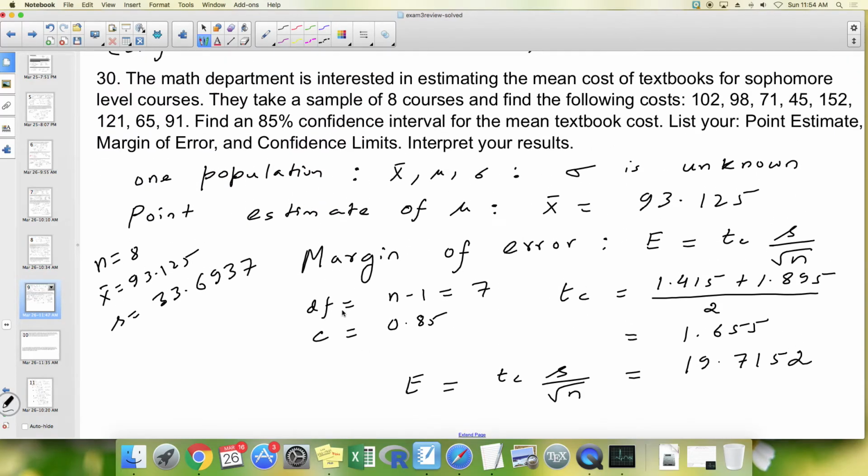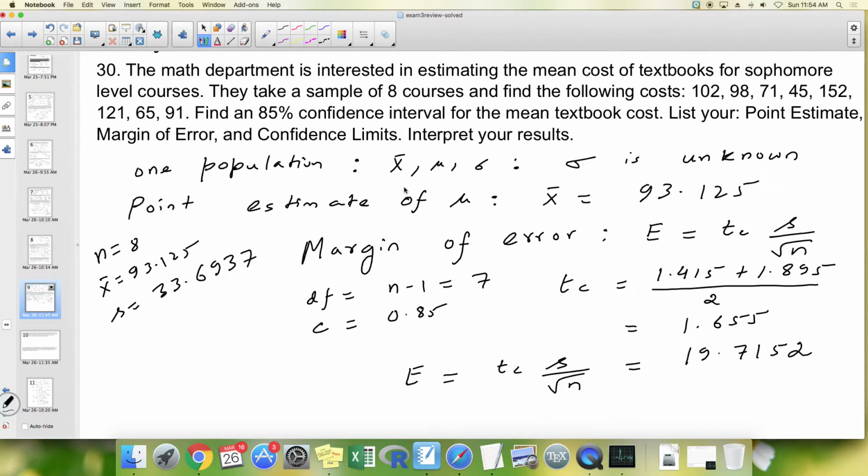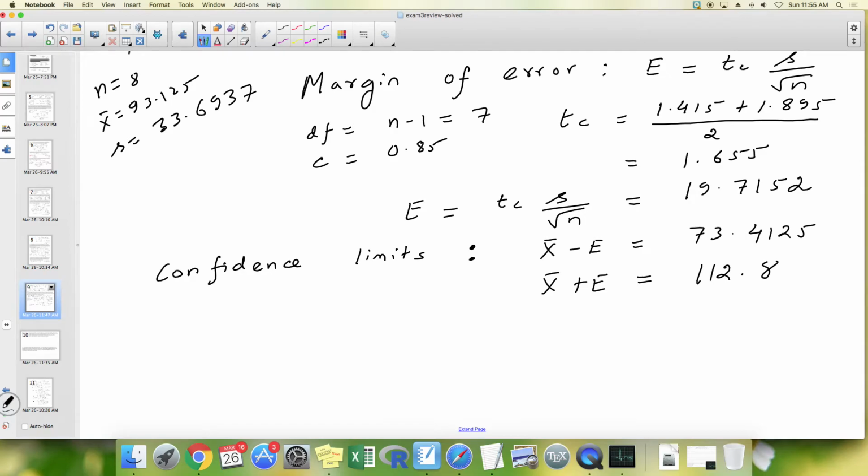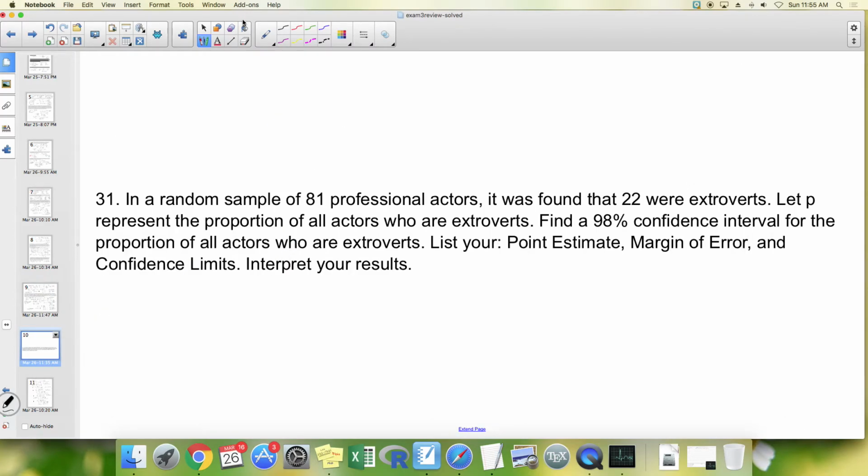The next question is to find the confidence limits, and those are x bar minus E equals 73.4125, comma, x bar plus E as 112.8375. Next problem.